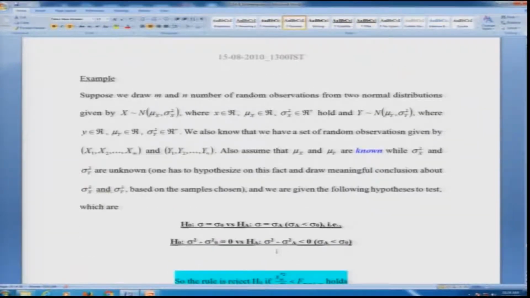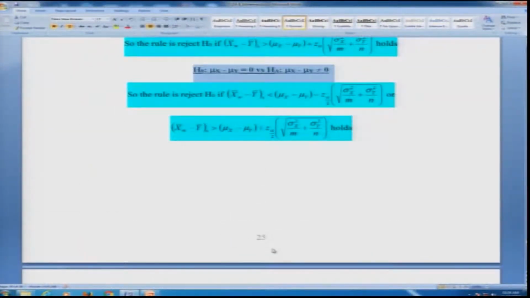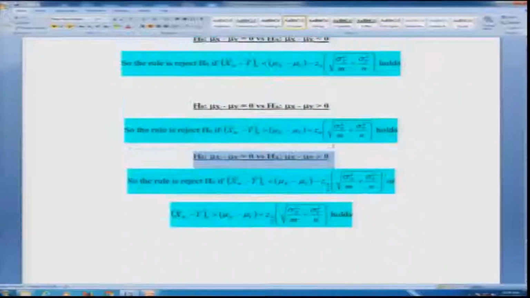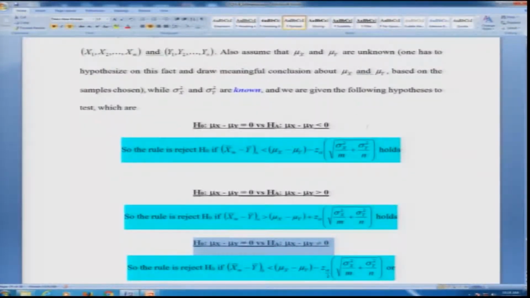I am just scrolling up; I have not written the formula, but it will become clear to you. Say for example, you have to do hypothesis testing of the difference of the sample means given the population variances are not known. Obviously, in place of sigma square x and sigma square y you will use the corresponding S, the standard error for sample 1 and sample 2, remembering the population mean is not known.